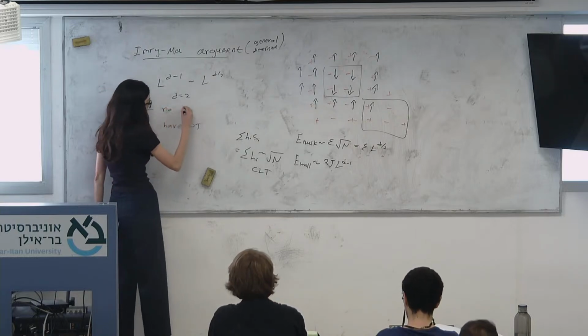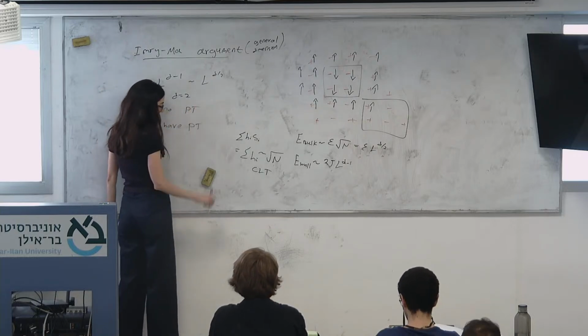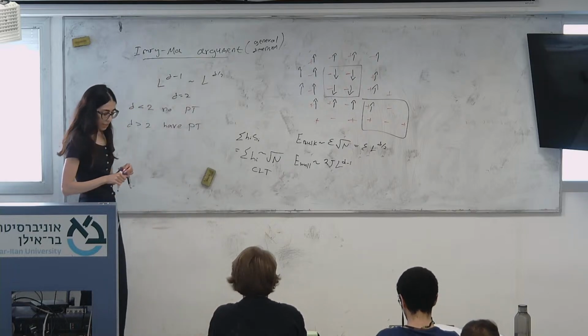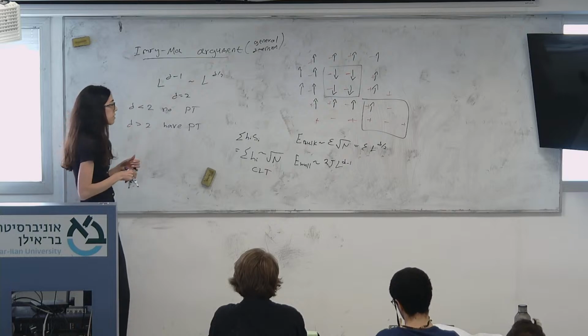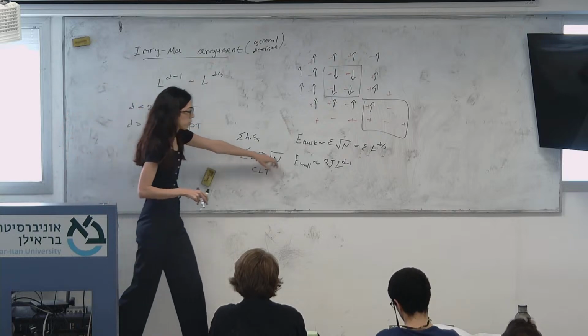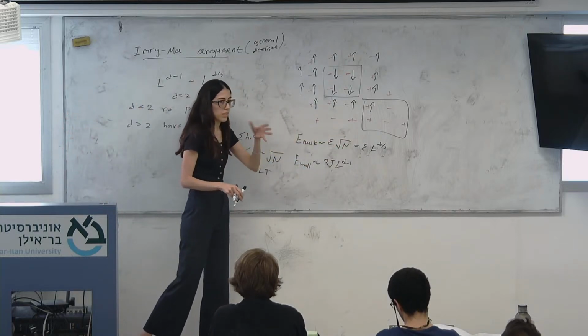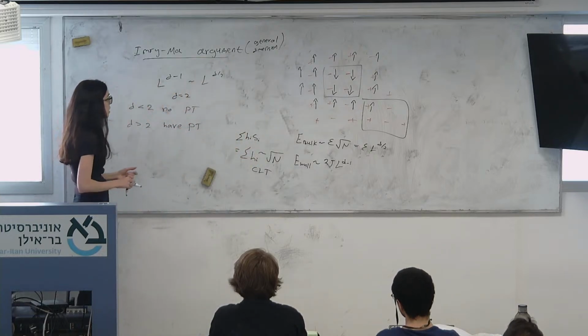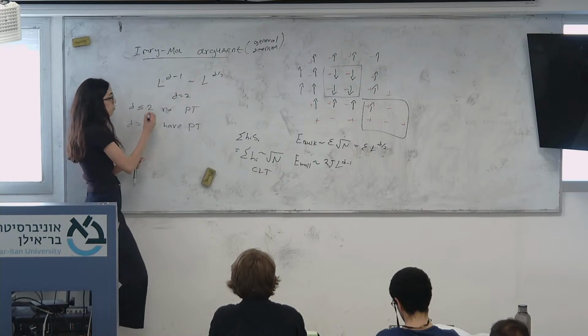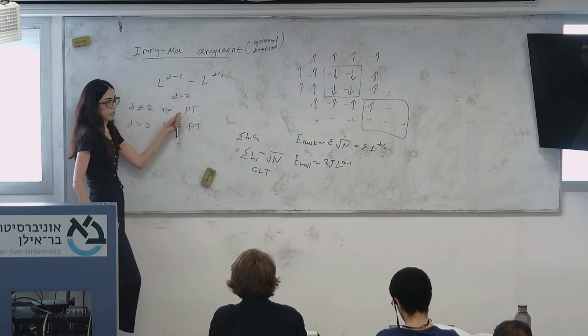And again, the case of d equal 2, which is always the most problematic, is not clear here. I'm just going to tell you that it is included in the no phase transition case.